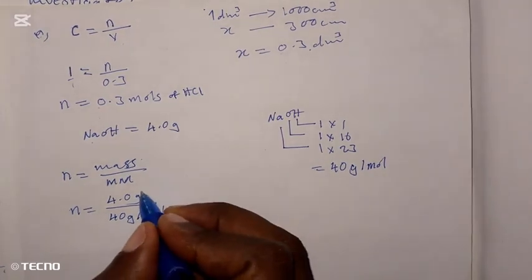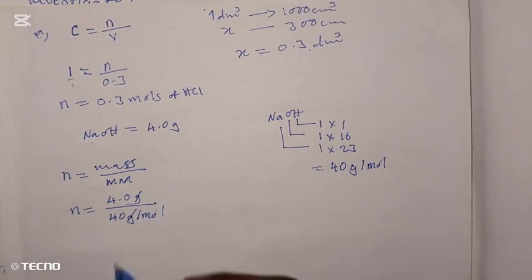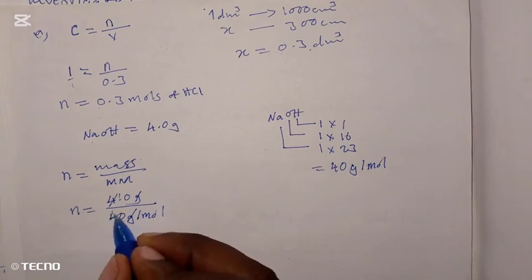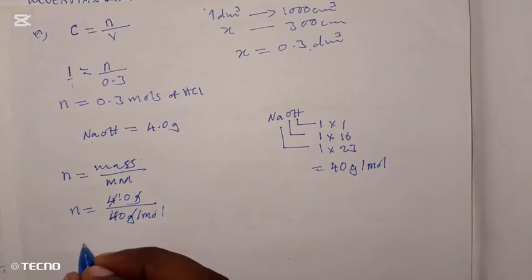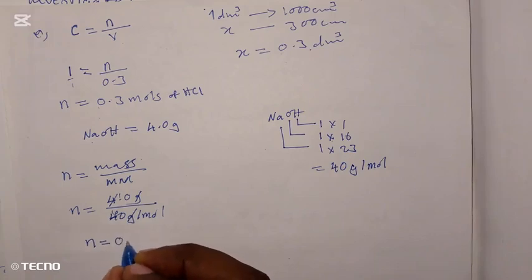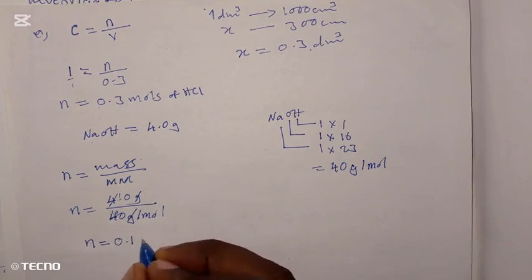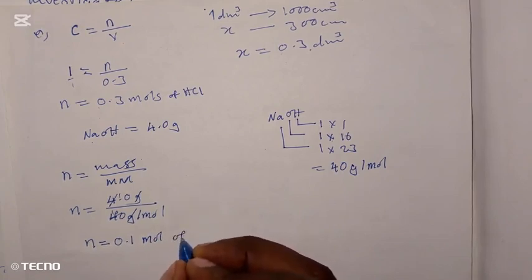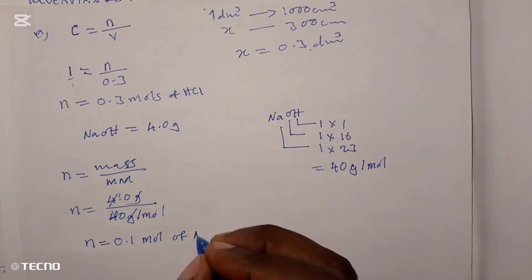So we can cancel this and this will cancel. Then 4 there is 1, 4 there is 10. So our answer, mole there, n is equal to 0.1 mole. So this is mole of sodium hydroxide.